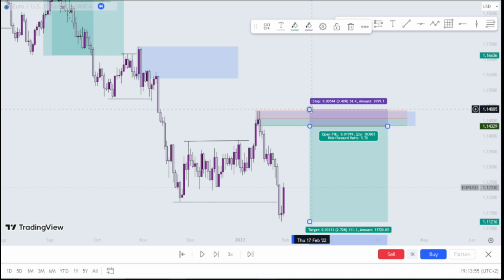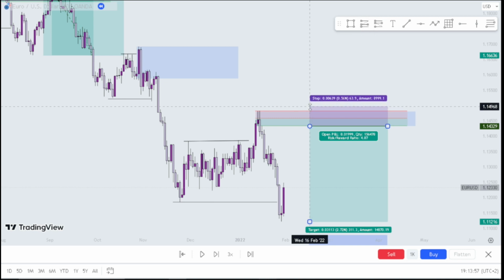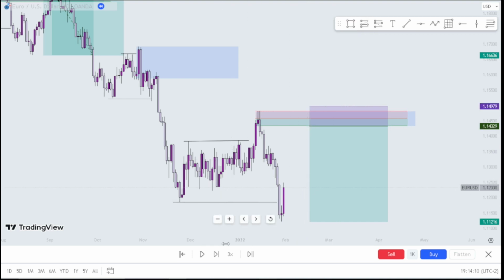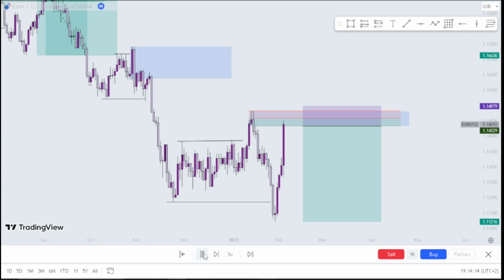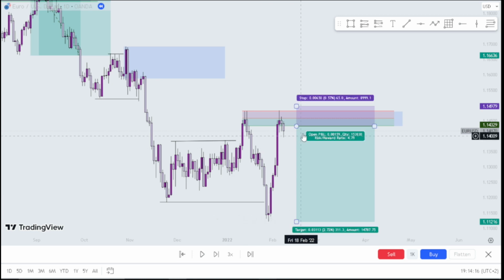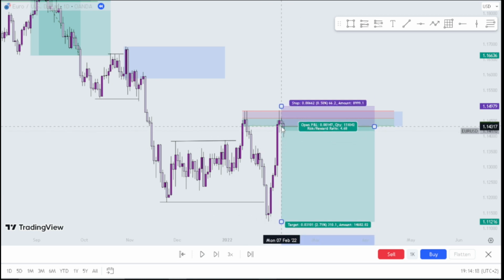You always want to put your stop loss 1 pip above the order block to give yourself room for spread and for the market to move. So something like that, 1 pip above the market. And let's play and see what happened. Okay, so would have been triggered in here by the open.